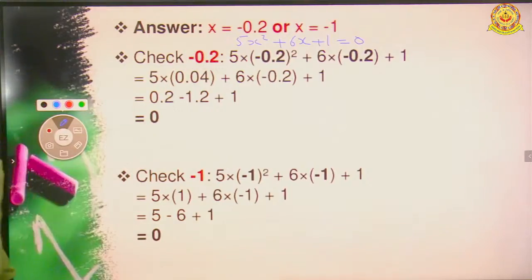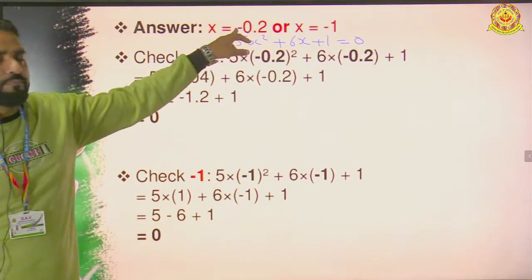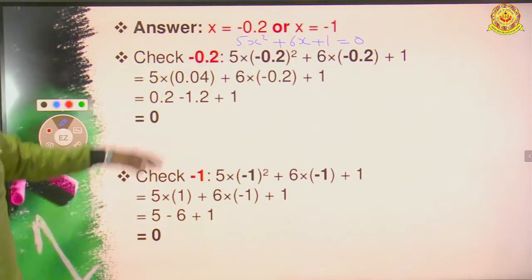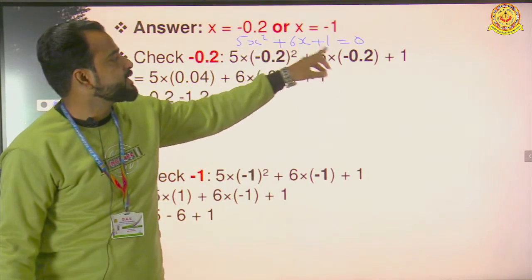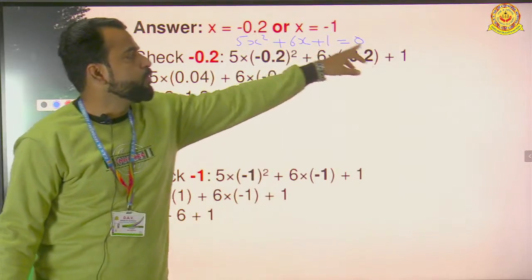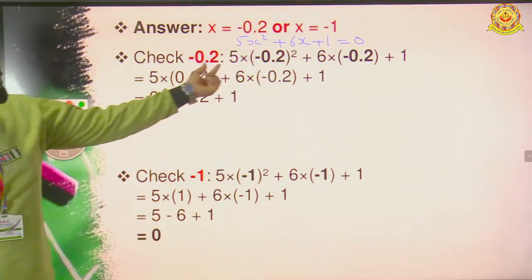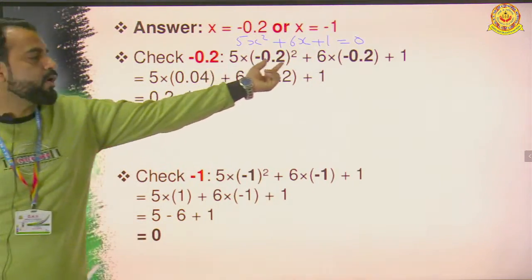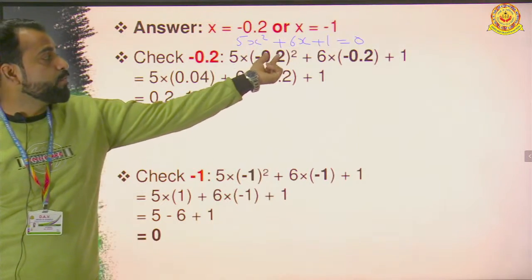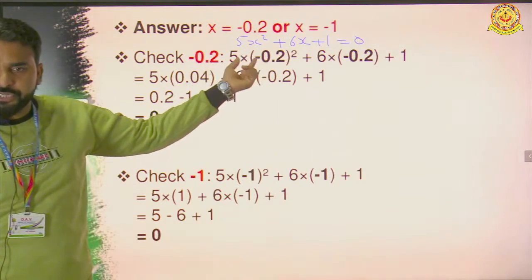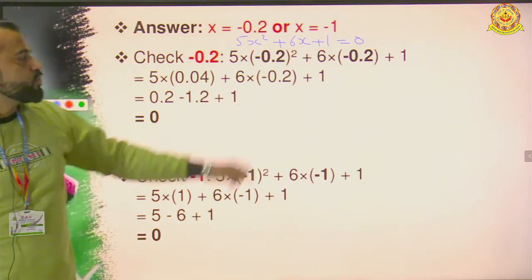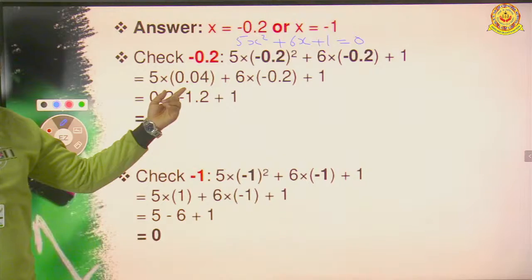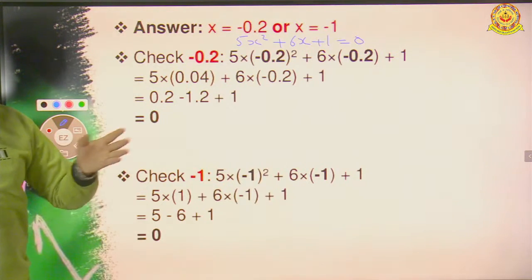Now we have to put the x value minus 0.2. So if we put the value minus 0.2, we get 5 into x square plus 6 into minus 0.2 plus 1. The solution will be 5 into minus 0.2 square. Minus square is plus, 2 square is 4, but it has decimals, so in the solution it will be after 2 digits because it is 0.2 into 0.2.